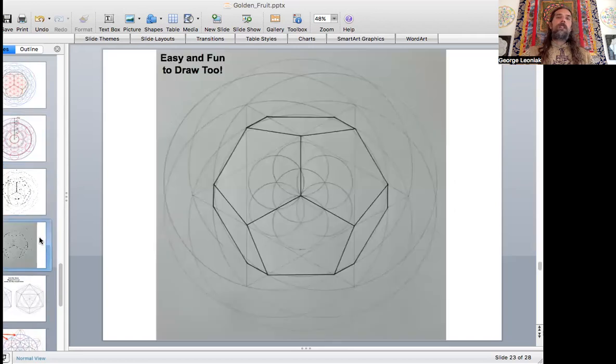So let's see here. The easy and fun way to draw it is just by trying it out with the paper and pen. And if you've got 1, 2, 3, 4, you take that measurement, pop it over here, make those large circles, and you've got all the intersection points, and that will intersect with those key spots to draw the dodecahedron.